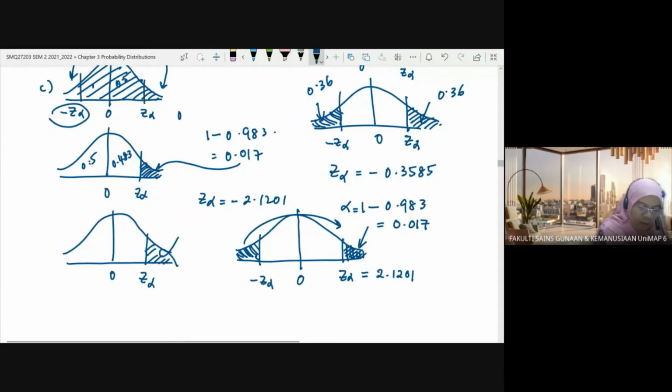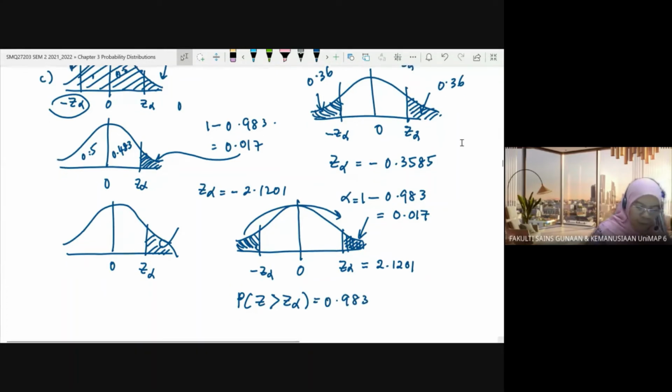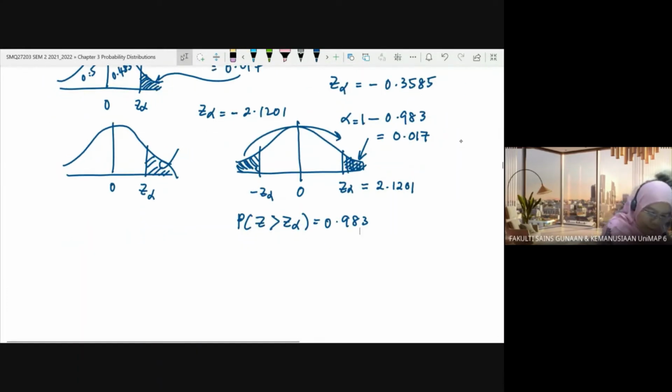Since we are looking for P(Z greater than Z alpha) equal to 0.983, we know that this is the Z alpha that we are looking for. So in this case, Z alpha will be a negative value. Okay, clear? Clear, class?